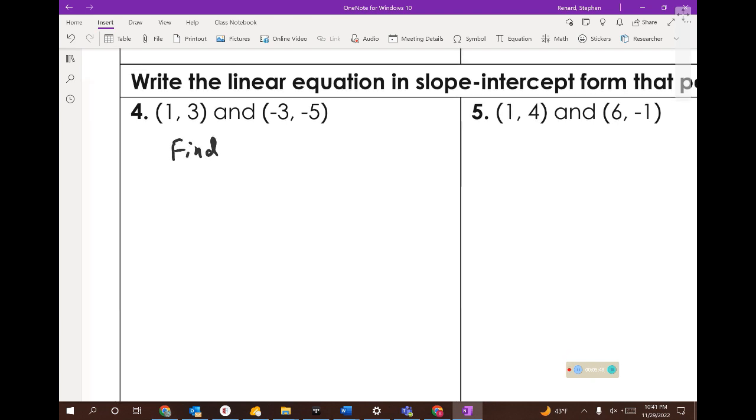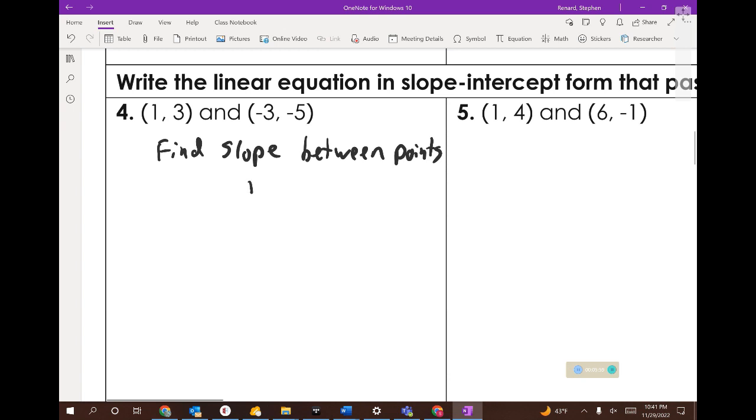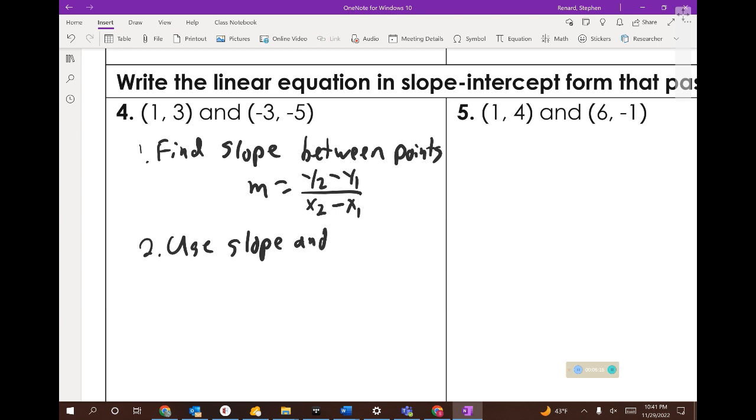So we're going to find the slope between the points. And that's, remember, slope is y2 minus y1 over x2 minus x1. Then we're going to use the slope and 1 point for point slope form.